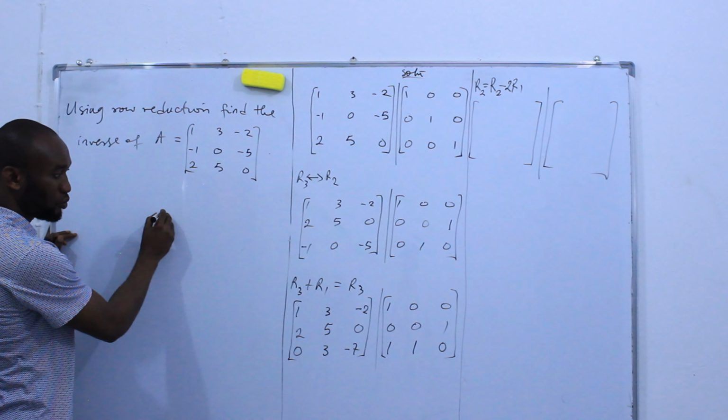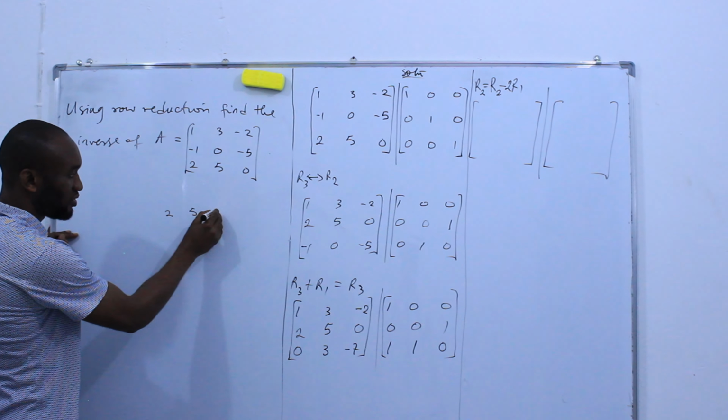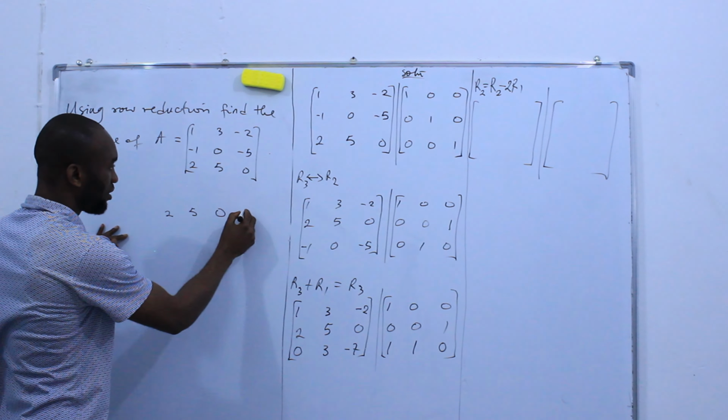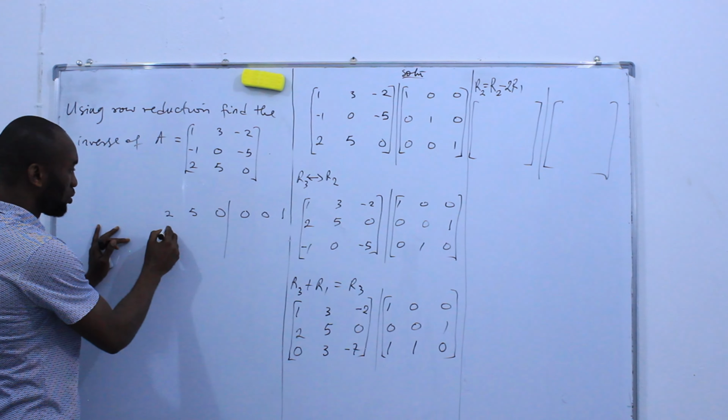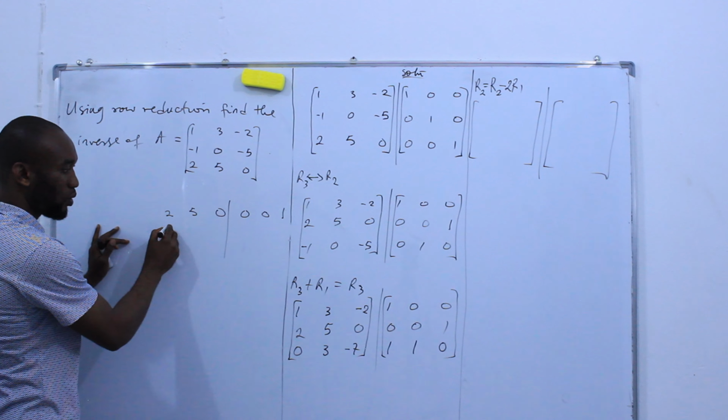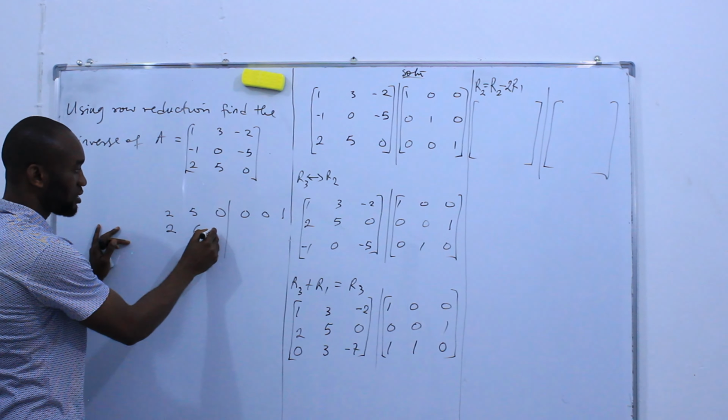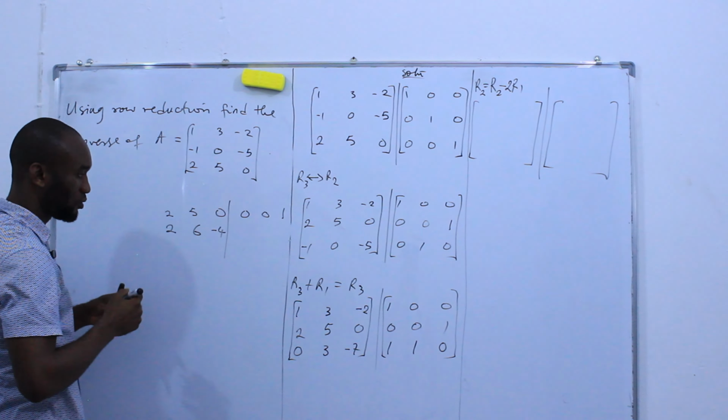Row 2 is 2, 5, 0, and then here you have 0, 0, 1. Then 2 row 1 is 2, 6, and minus 4, and here is 2, 0, 0. So when you subtract, you have 0, minus 1, and then 4. Here you have minus 2, 0, and 1.